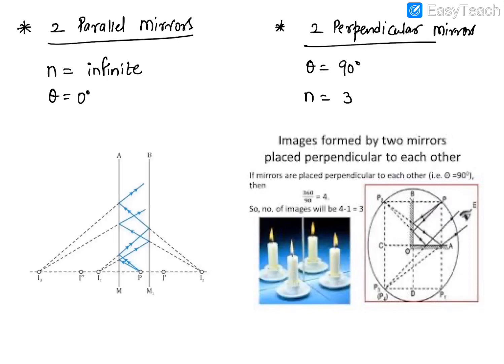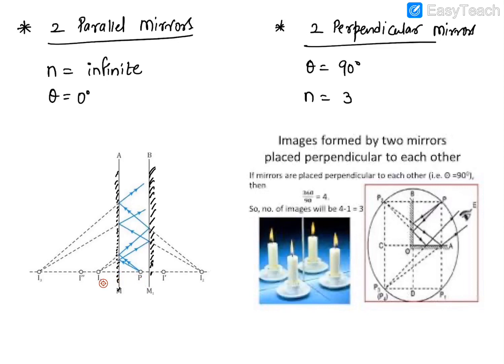And guys, here is the image formation for two parallel mirrors. These are the mirrors, so I need to show the silvering out here, and here also. Now if you start over here, let's say there's an object P. Where will the image of this object P be formed?